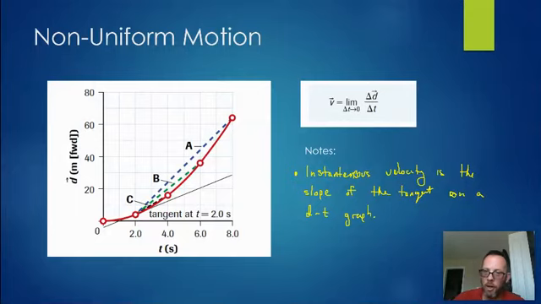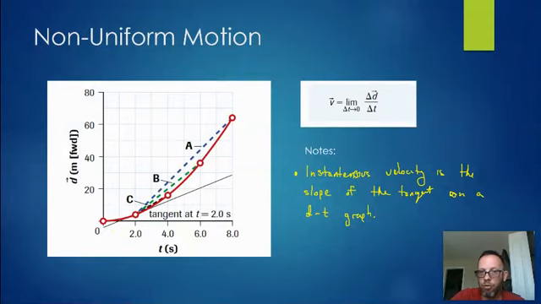If you grab 2 points, like for example, this blue dashed line, this would give you the average velocity as you move from 2 seconds to 8 seconds. The green dashed line would be the average velocity from 2 to 6. The black dashed line would give you the average velocity from 2 to 4.